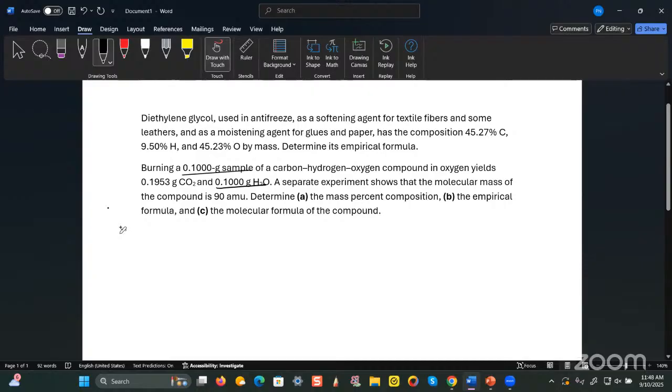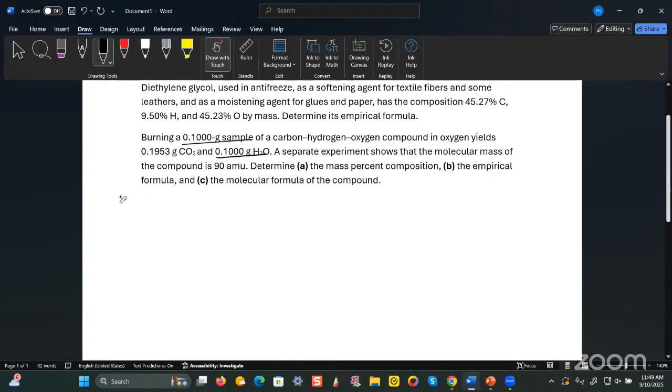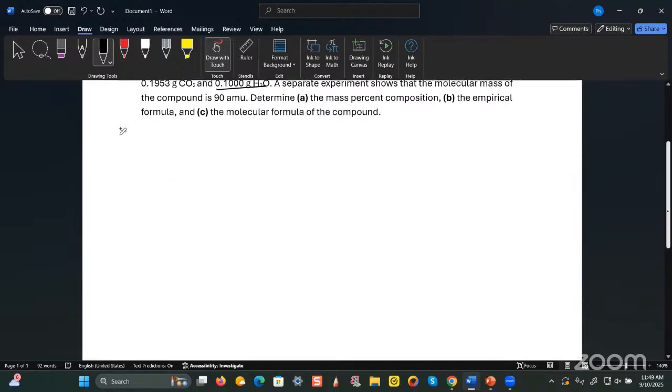So for this, I'm going to take the same approach as before. I'm going to start off with a table where at the top I'm going to have carbon, hydrogen, and oxygen.